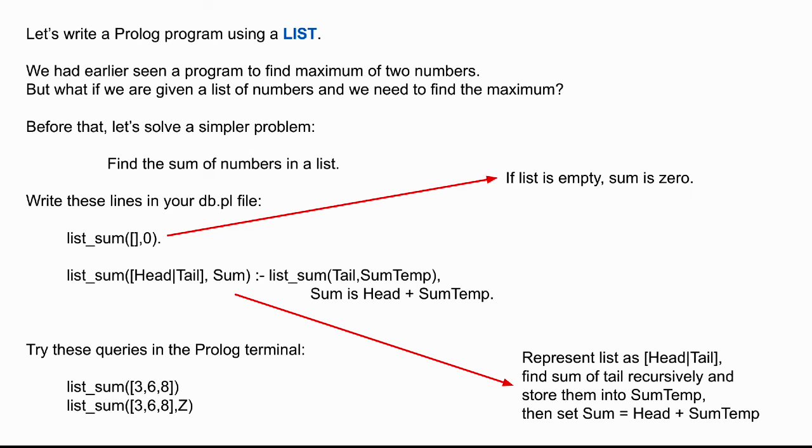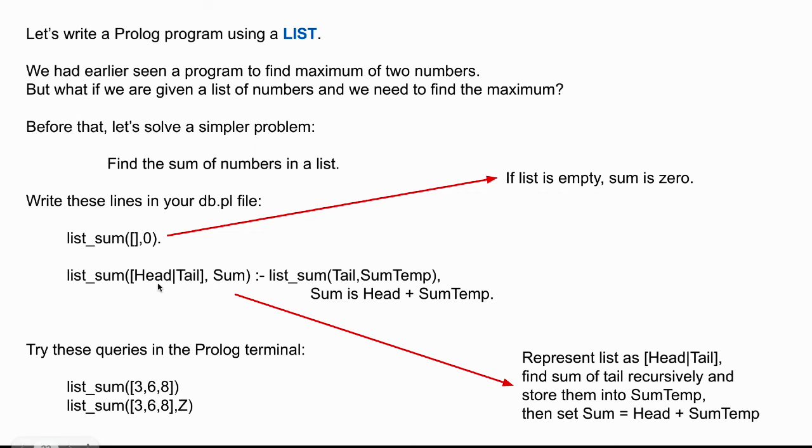So whatever is supposed to be the output has to be incorporated in the arguments of the function itself. The second one is what does the actual computation: you have list_sum, you have an input list, and you divide that into head and tail.